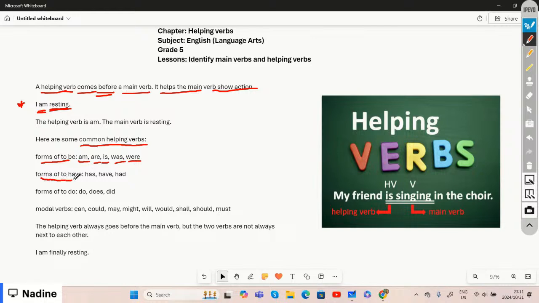If it's forms of to have, then it is has, have, or had. And we are going to make examples of each one of these. If it forms of to do, then it's do, does, or did. And then we also have modal verbs, which are verbs like can, could, may, might, will, would, shall, should, and must.